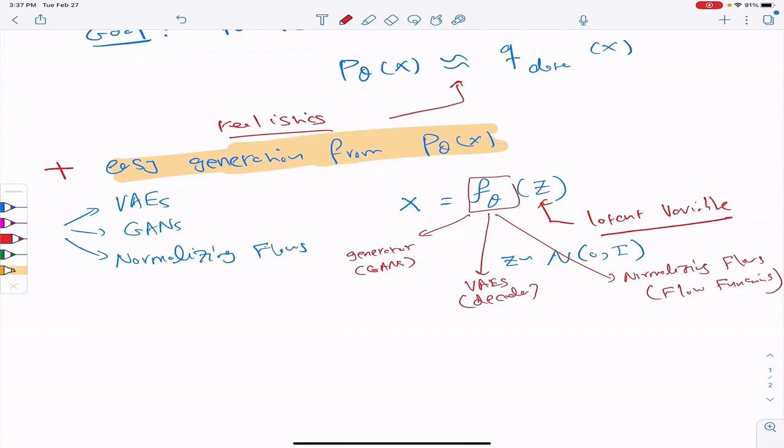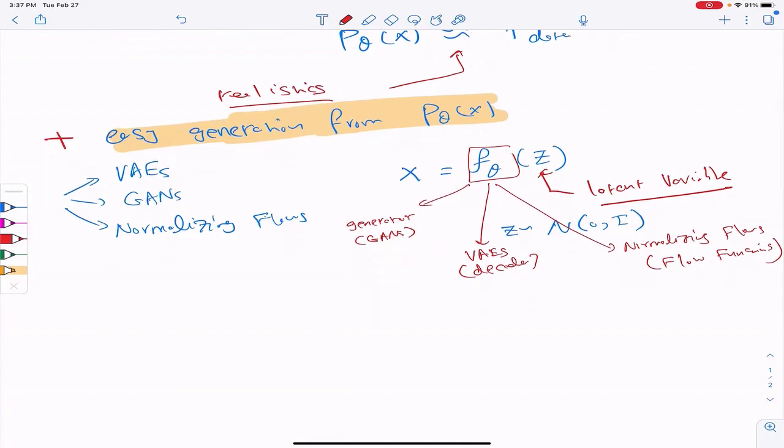Okay, so with this overview of what we have already covered, diffusion models are not different. Again, we want to learn a function from noise to real images in a way that the distribution of the output matches the underlying distribution of real images, even though we are not aware of that distribution.